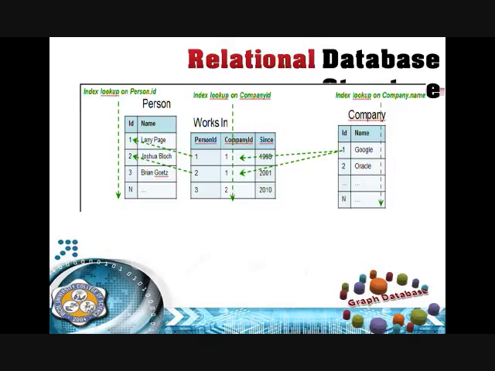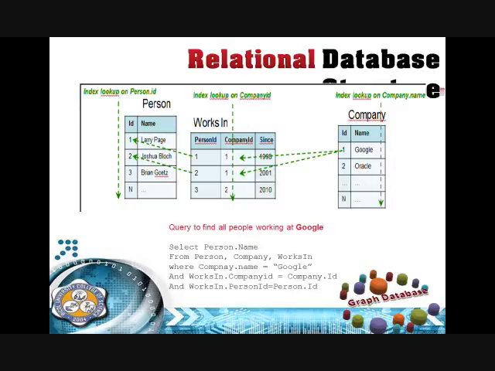In the relational model, we execute the following query, which could require probably 3 index lookups corresponding to the foreign keys in the model. So we have to look up the person ID, the company ID, and the company name. So imagine if we have so many tables to join, so many queries to execute. It's very complex and tedious to do.